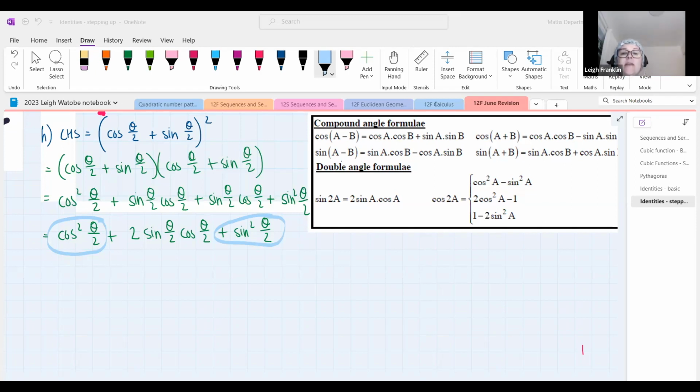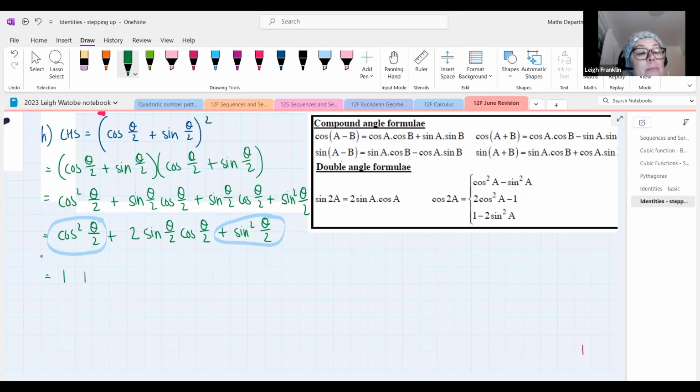Exactly. That equals 1. Good. All right, so you see how well you've got to know your grade 11 identities. They come up all the time. So that's where this one comes from. Cos squared theta over 2 plus sine squared theta over 2 is 1.